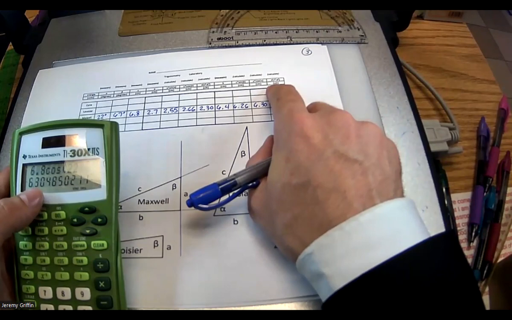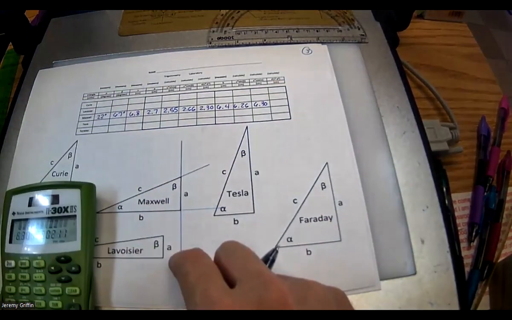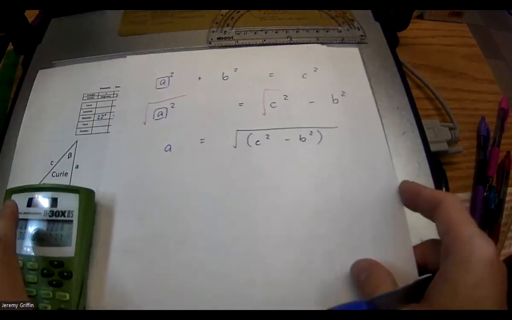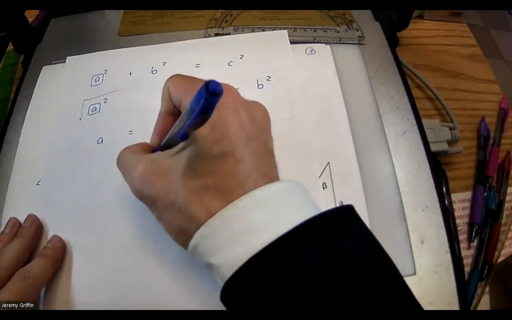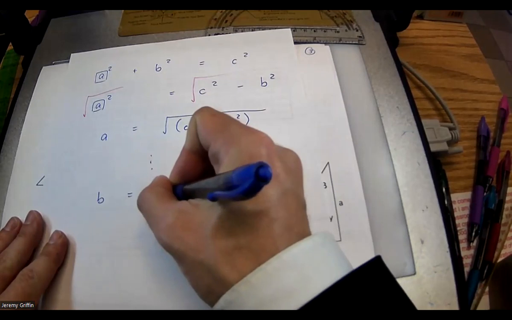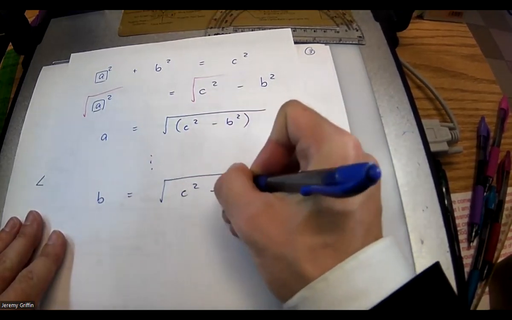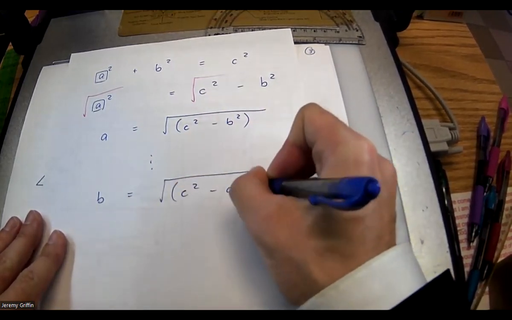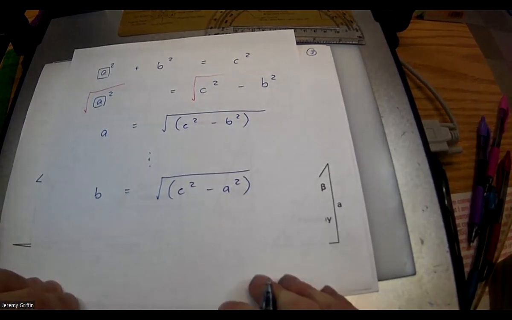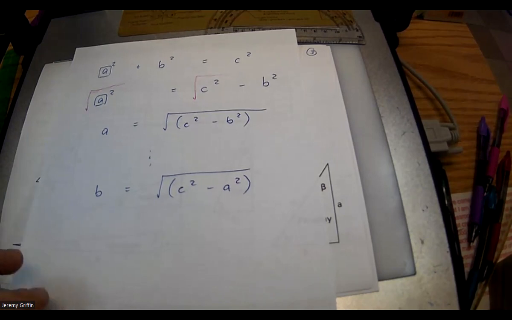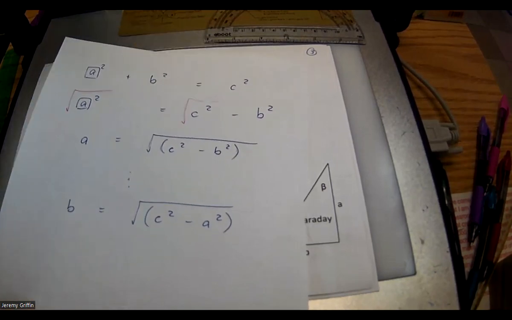And square root of c squared minus a squared. Do you think that if we had solved for b instead of a, we would get something like this? B equals the square root of c squared minus a squared. It still comes from the Pythagorean theorem. Don't believe it? Try it out yourself. I bet you will get to that.